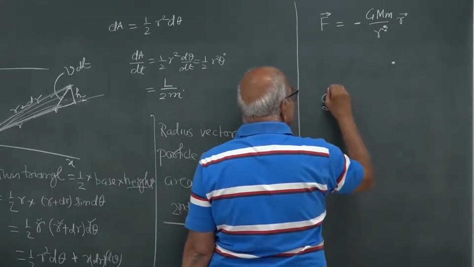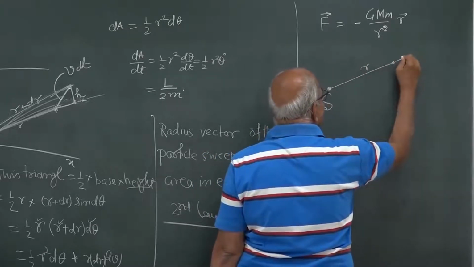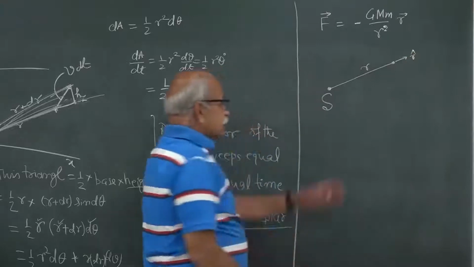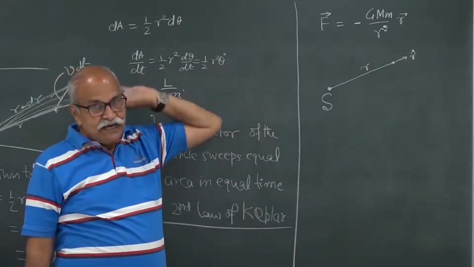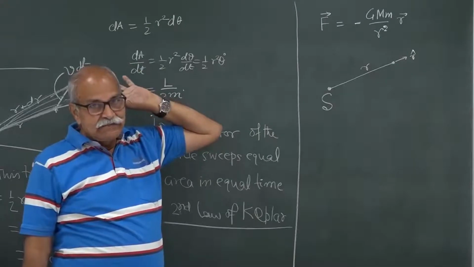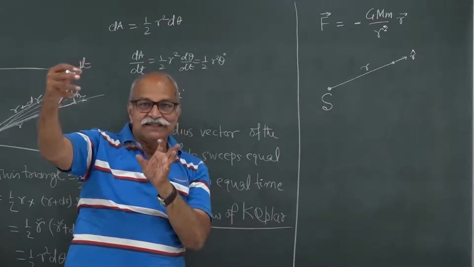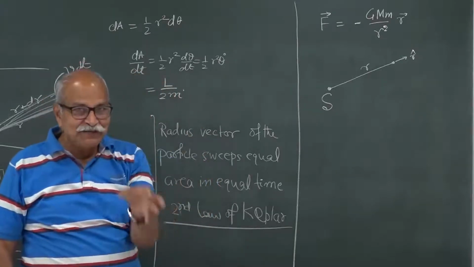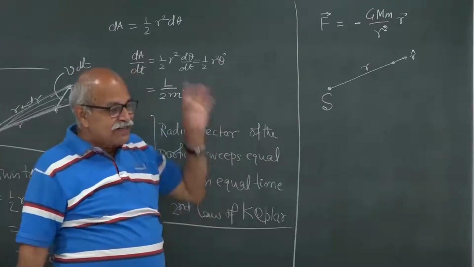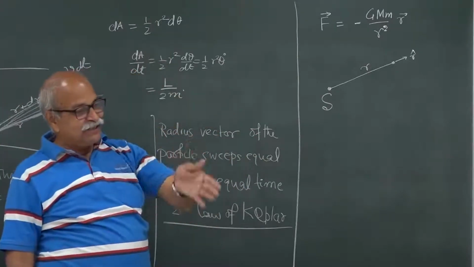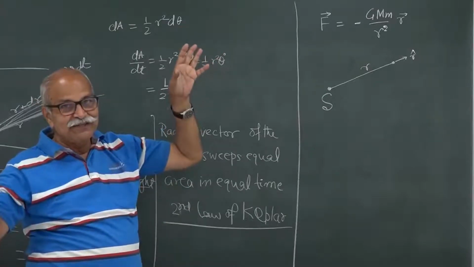So, if this is the origin, then this distance is r, this is the r cap vector, it is an attractive force. What we are doing is a very idealized case. Here the sun will also get attracted towards the planet, and therefore sun will also have some kind of central force motion like that. So, in our case the origin is fixed, the center of the force is fixed, although the sun is very heavy as compared to the planet.